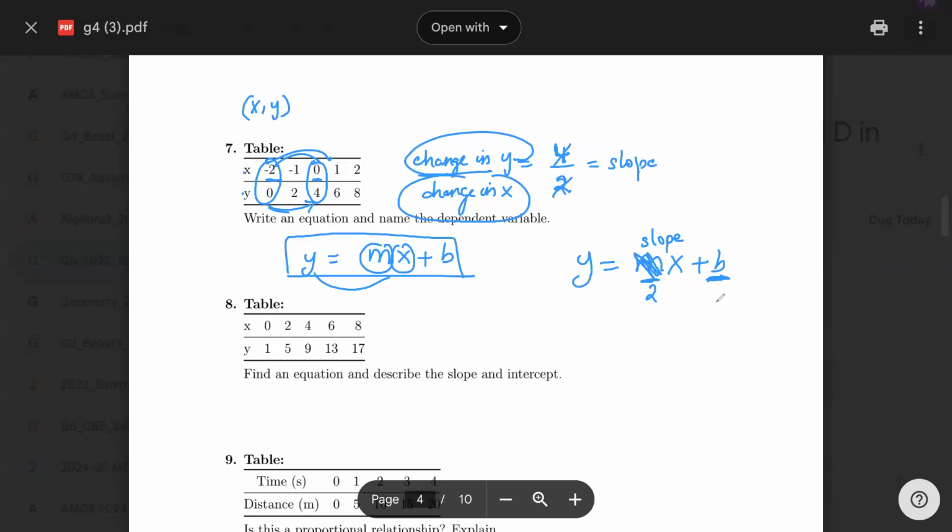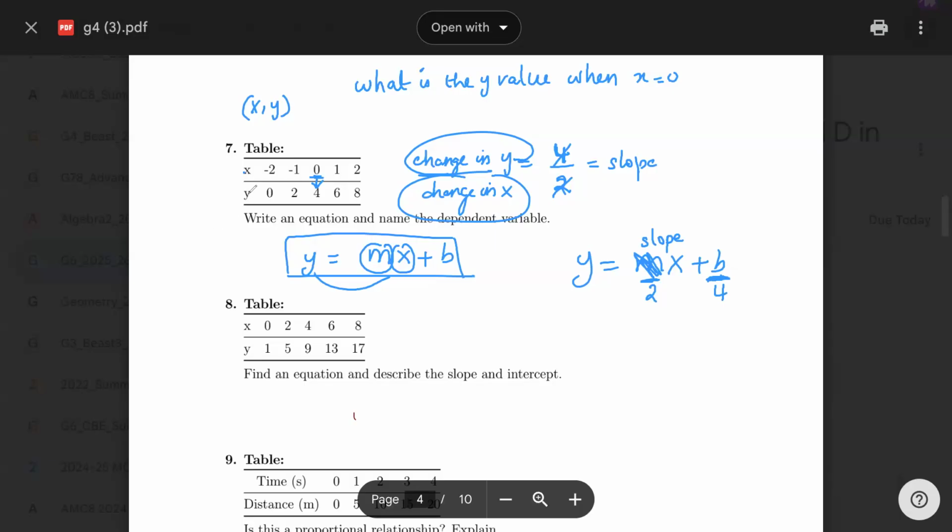What is the y value when x value is 0? You see that? 4. When x is 0, y is 4. It is just listening and answering.